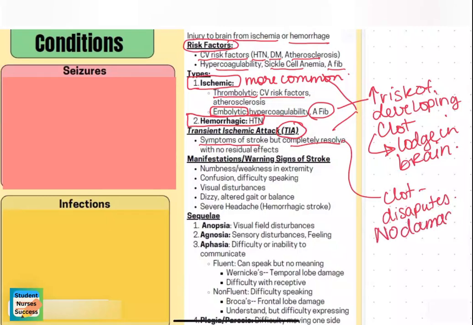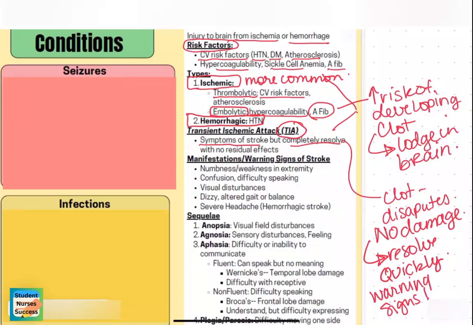So the patient will have symptoms of a stroke, but then it will resolve quickly and no damage will occur to the brain itself. These are warning signs that patients are high risk for developing a stroke down the road. A transient ischemic attack is stroke-like symptoms that completely resolve in a minute or two, and it is a warning sign that you are probably headed for a stroke or you have some decreased blood flow to the brain.